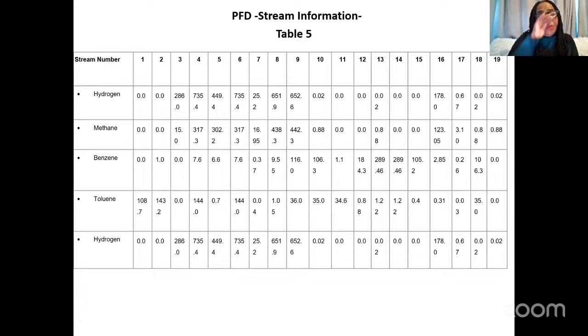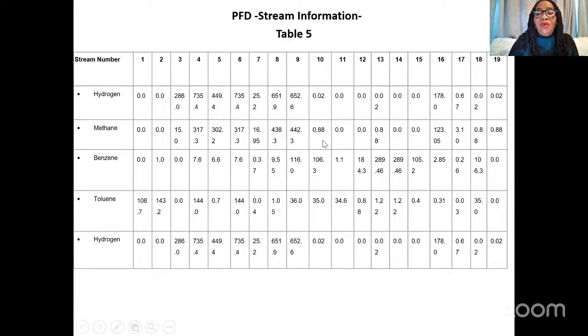So it means the input stream is 144.0 plus 0.04. That's the input. And then the output, of course, is benzene. So you go under where you have benzene, and it is stream 9.